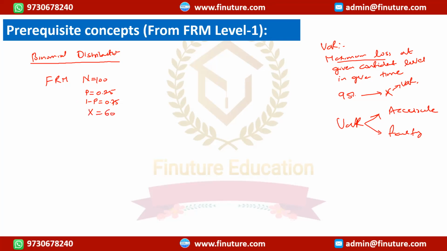If I ask you what is the probability that you get 60 questions correct, I will put a link in the description box. This question will be separately covered, but just to remind you, the probability of getting 60 correct questions would be equal to in how many ways 60 questions can be selected out of 100 questions, times the probability of a correct question to the power of 60, and 60 correct means 40 incorrect, times the probability of an incorrect question, 75%, to the power of 40.